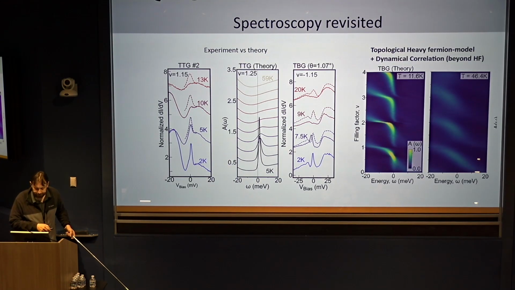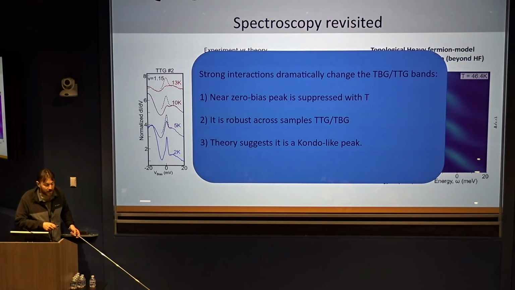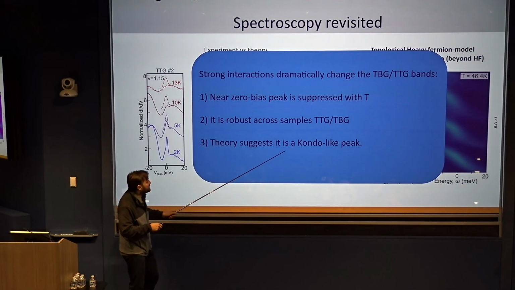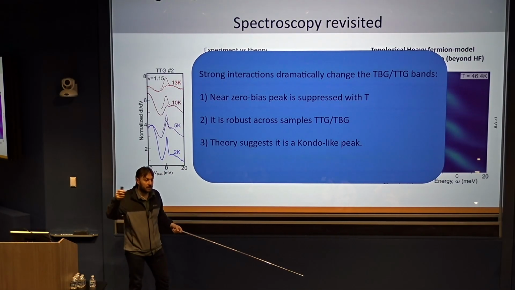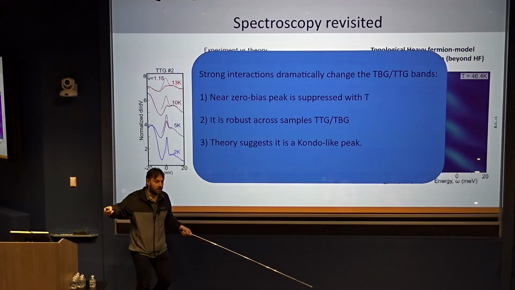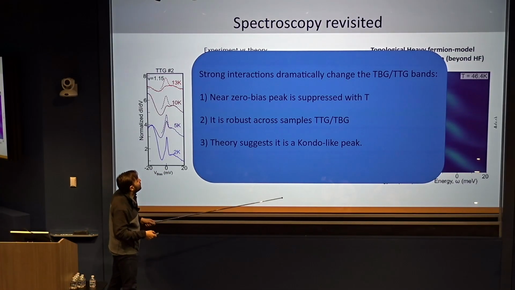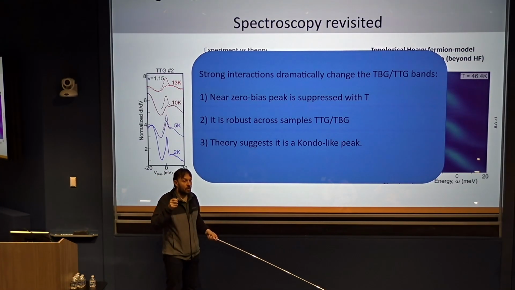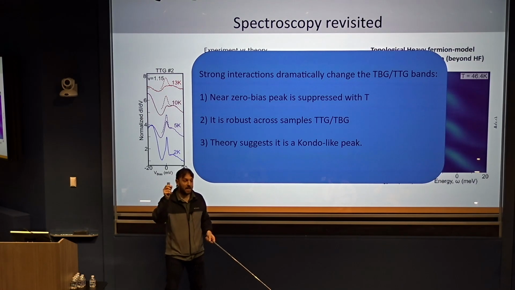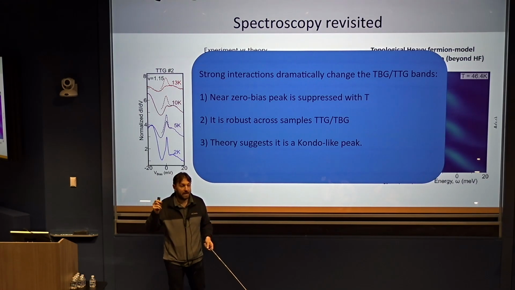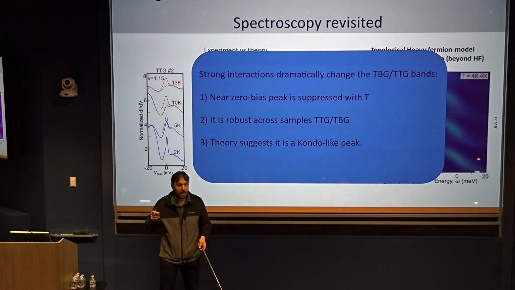And at least theory suggests that this peak is something like a remnant of a Kondo-like peak, okay? Depending on which theorist precisely you ask, they would attach different names to this peak.